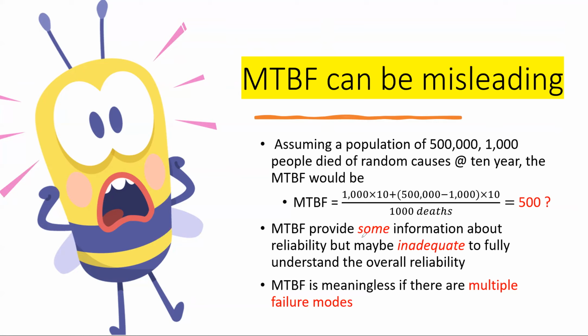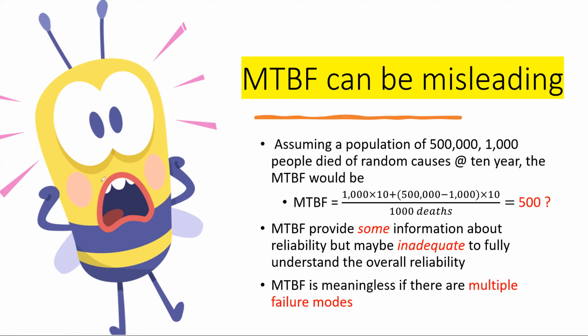It means that mean time between failure provides some information about reliability, but maybe inadequate to fully understand the overall reliability. Or the mean time between failure is meaningless if there are multiple failure modes. Here you assume a random cause, but the data may not be random. Maybe this guy has something else going on, right? So we have to be very careful.